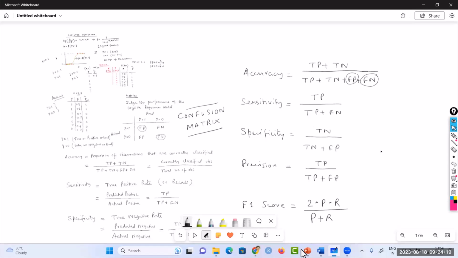I'll come to examples also. I'm just repeating this: if there is not much difference between false positive and false negative, then accuracy will be a good metric. Because if there is a large difference between them, accuracy will not be able to identify that difference.